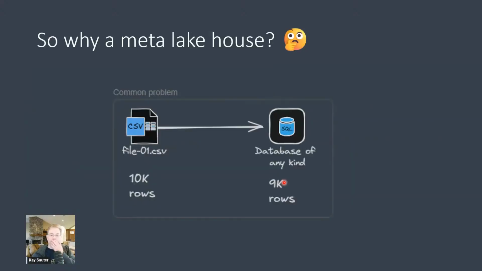So why a Lakehouse? Generally, a very common problem is this: we have a CSV file, and this is really common. It happens a lot, especially if you get a new CSV file, or a database for that matter. It doesn't really matter what kind of source you have.